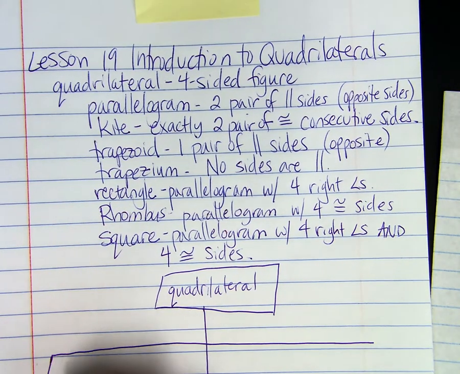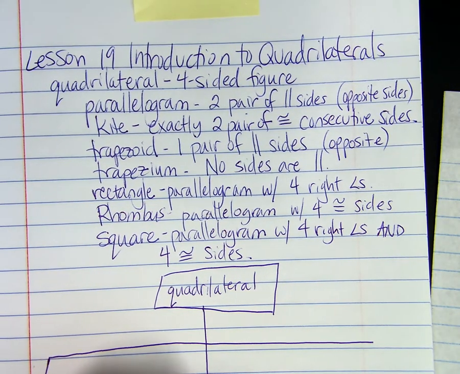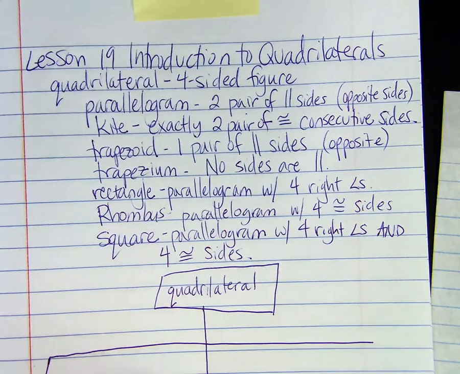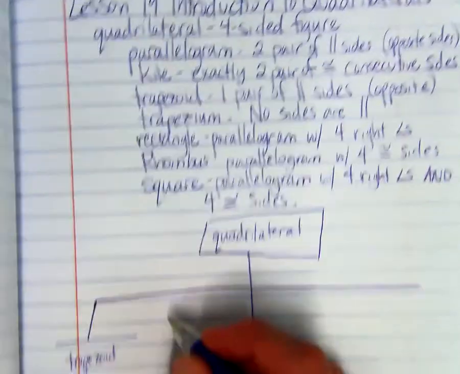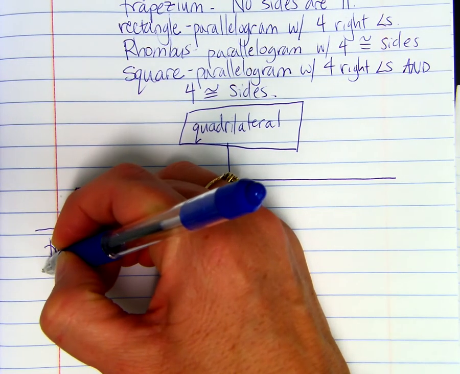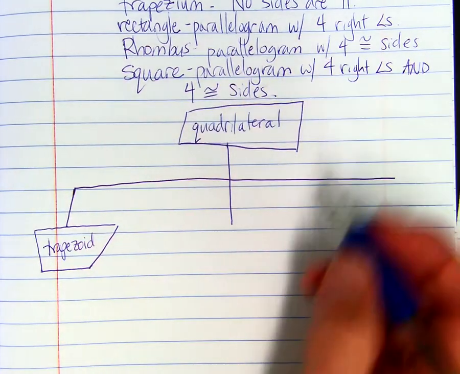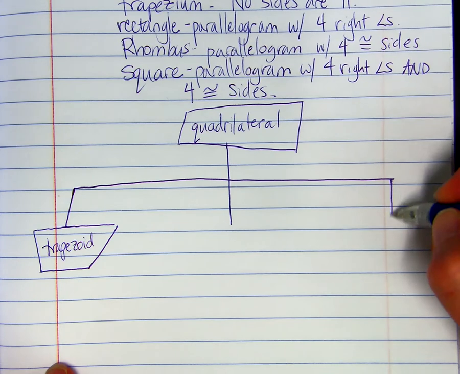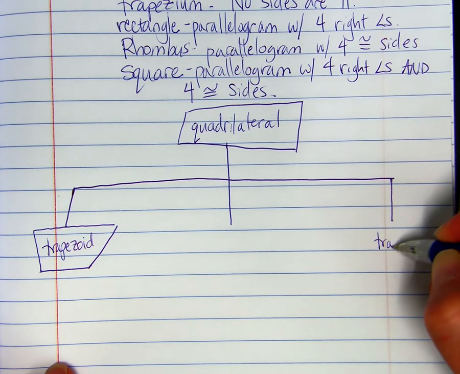So hanging off to the left here, we have a trapezoid. So if you'll draw a trapezoid around the word trapezoid. Oh, that's too low, sorry. Off to the right, we have a trapezium.